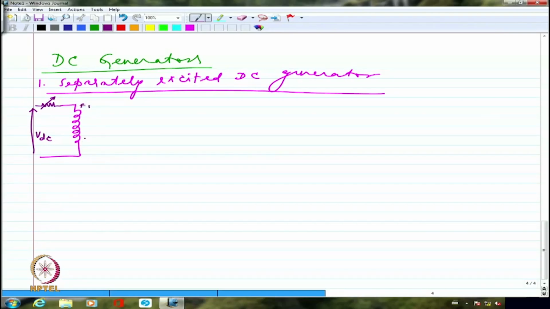So this is F1, F2 and the current is flowing in this direction, and let me call that IF, right? And here is going to be my armature.